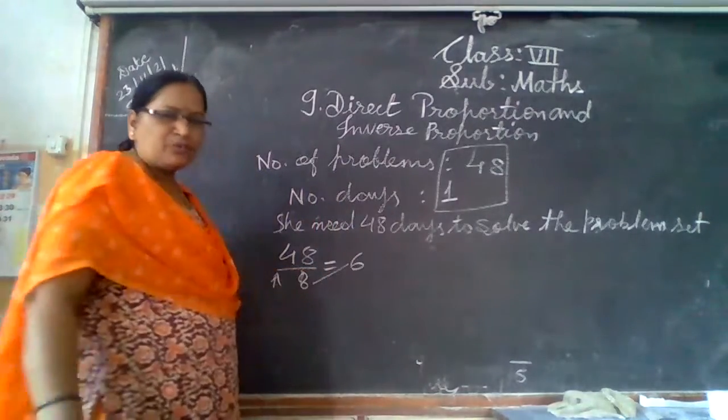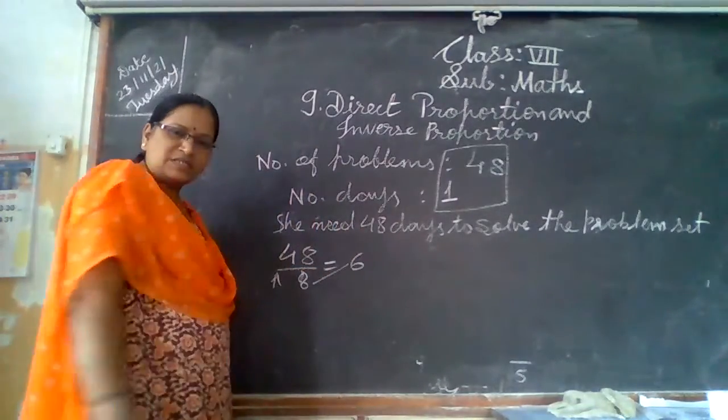See children, their product, 8 times 6, or 48, remains constant.